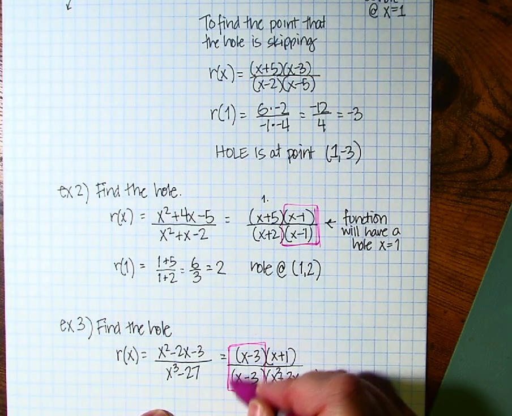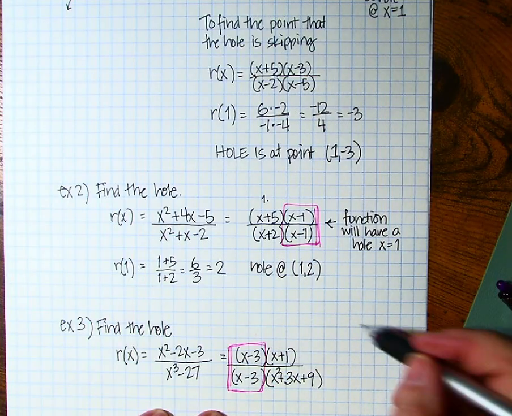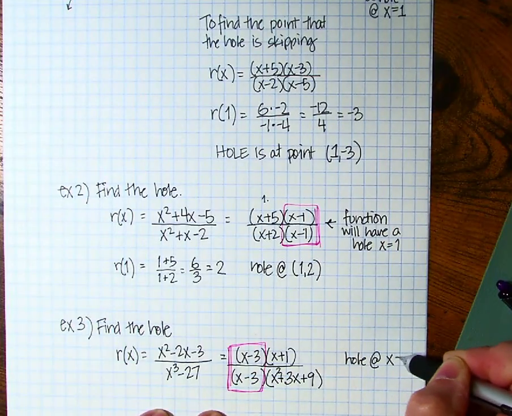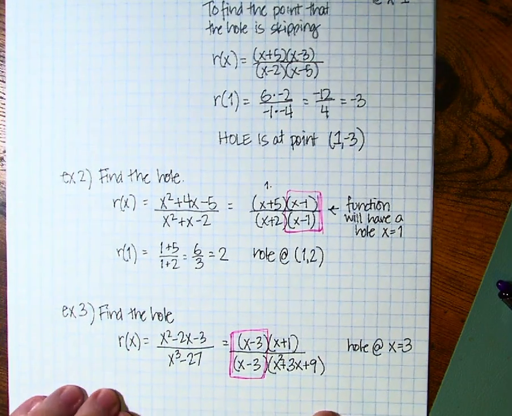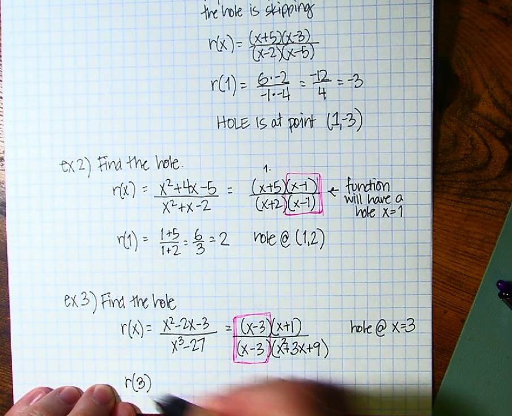You will see, right? This time we have a common factor of x minus 3. So this function will have a hole where x equals 3. To find the exact point, we will do r of 3.